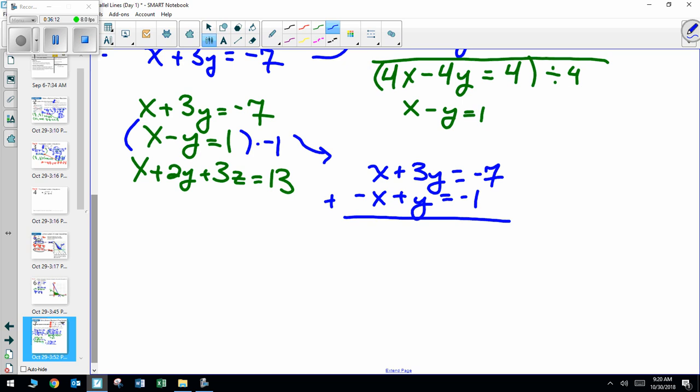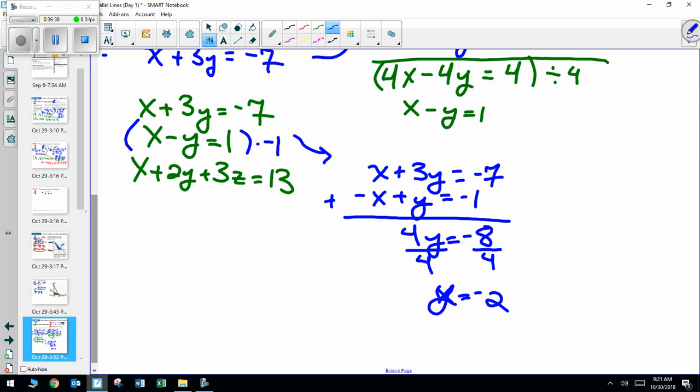So adding those two equations together, the x's cancel out. 3y plus y is 4y equals -8. Divide both sides by 4, and you get x is -2. Sorry, y is -2.